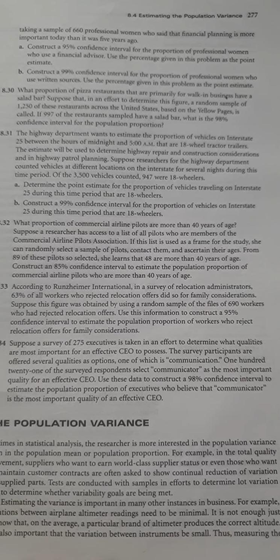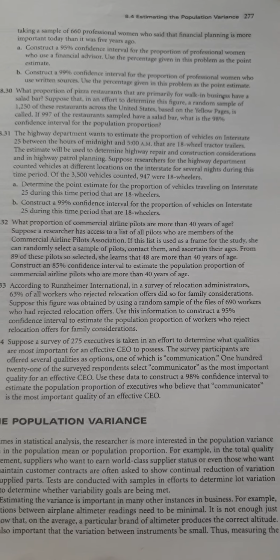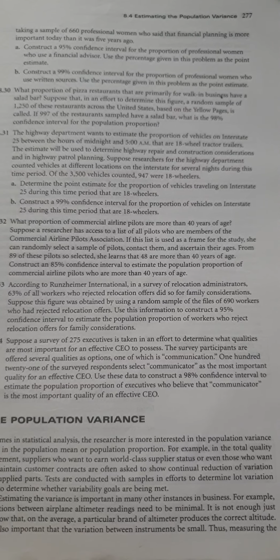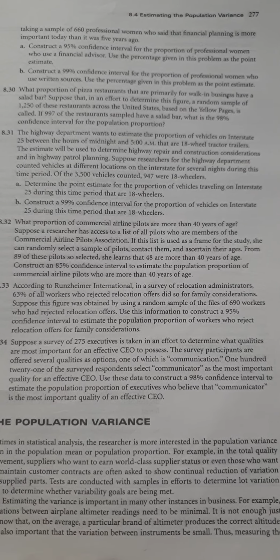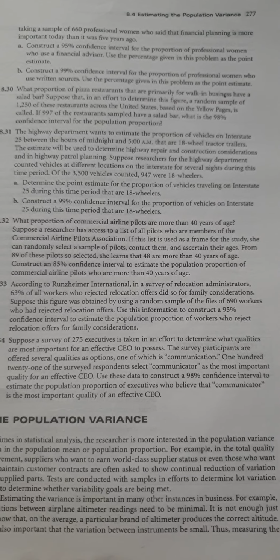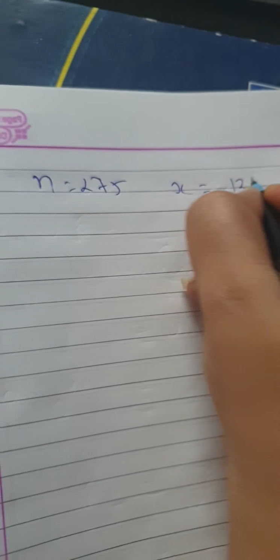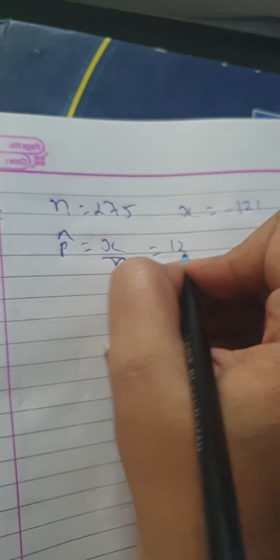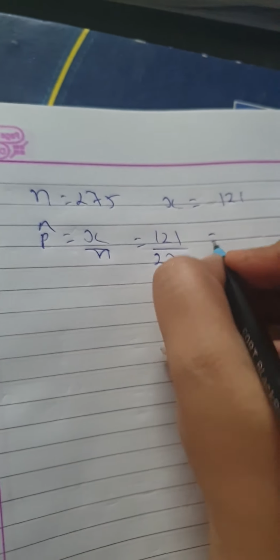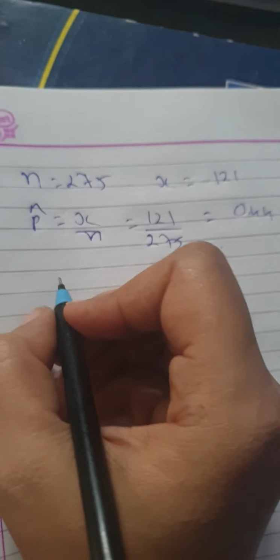Use this data to construct a 98% confidence interval to estimate the population proportion of executives who believe communication is the most important quality of an effective CEO. So n equals 275, x equals 121. So P cap will be x upon n, 121 upon 275, so 0.44.